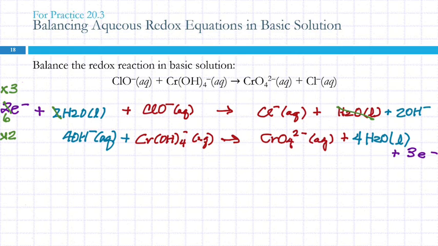This is a 1, so it's 3, 3, 3, and multiplying by 3, 6. Down here, multiplying by 2, 2 times 4 is 8, and this is a 2, 2, 8, and 6.